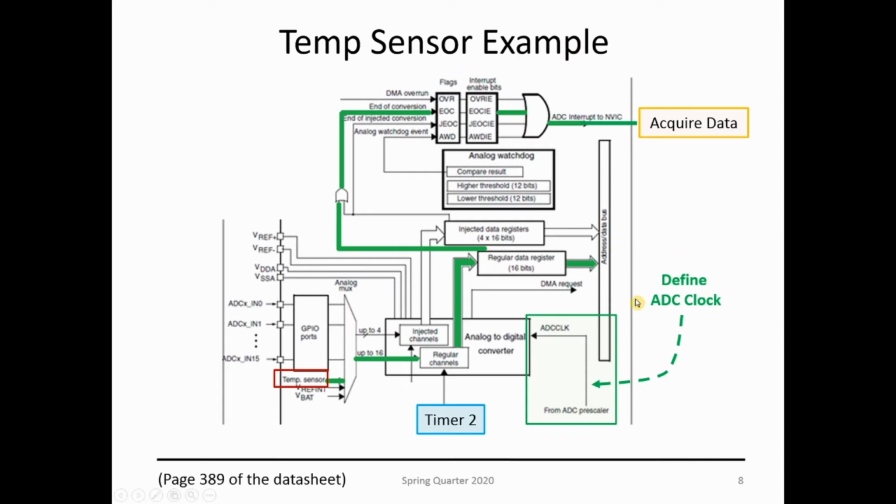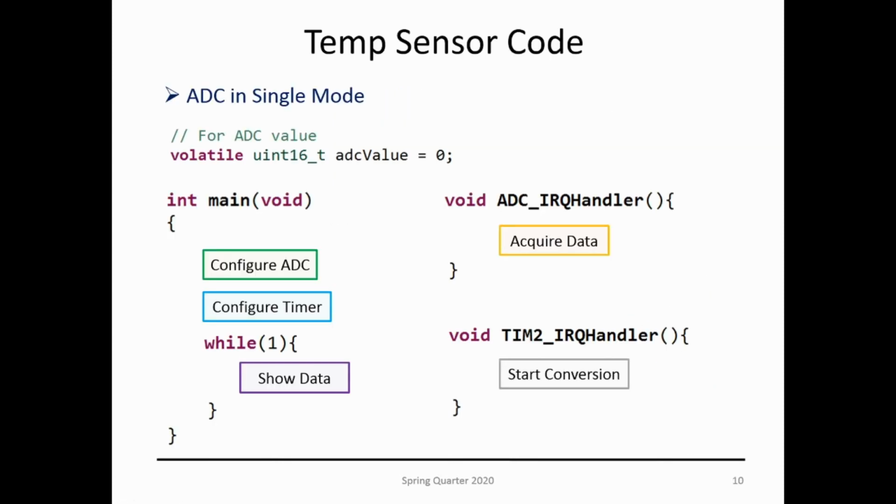We're going to define now the ADC clock, so we're not going to change too many things, and instead of sampling channel number 9, we're going to go to the temperature sensor. So two things: defining the clock of your ADC, and sampling the temperature sensor. Let's look at the code.